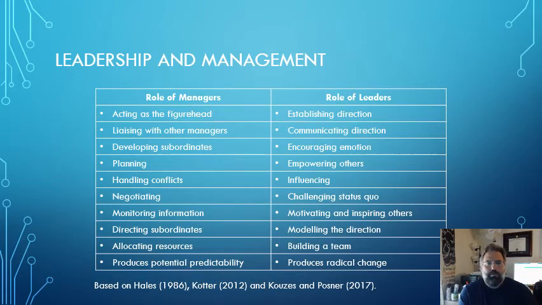So again, what is the difference between leadership and management? This is a great breakdown of those differences. On the left column, the manager acts as a figurehead, whereas a leader establishes the direction. Managers talk to other managers. It's kind of one of the things they do, whereas leaders focus on communicating direction, and that communication isn't necessarily just to other leaders, if you will. It's communication to the entire organization.